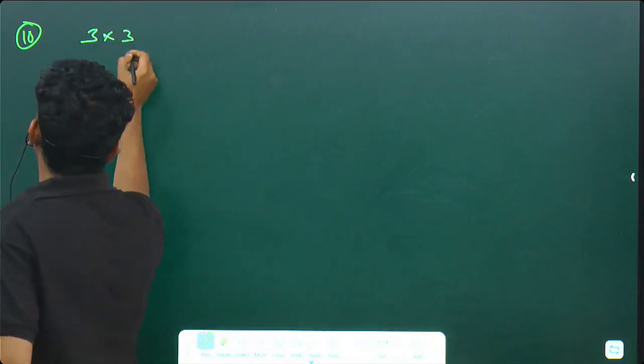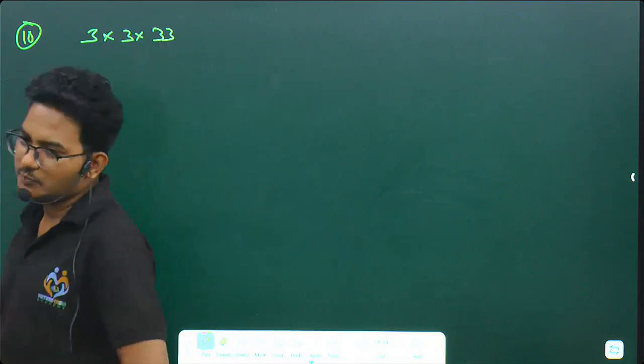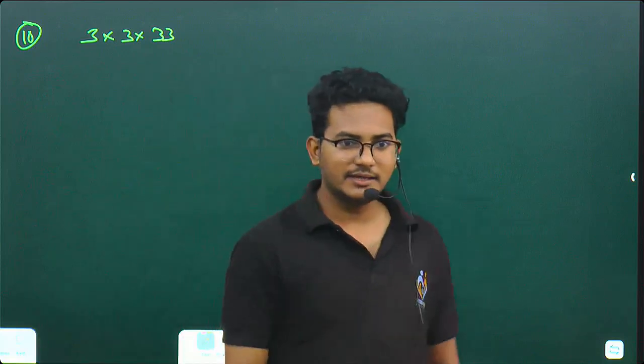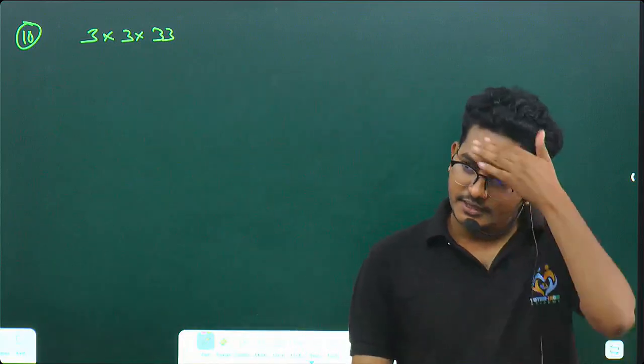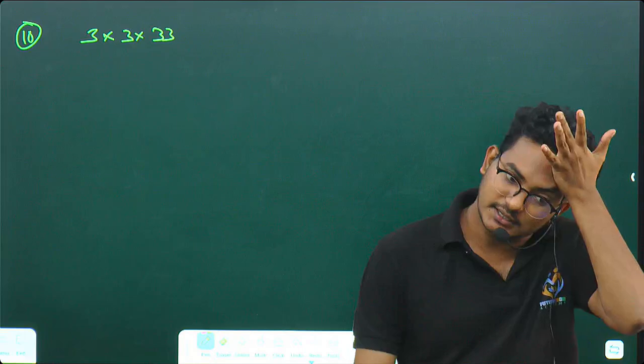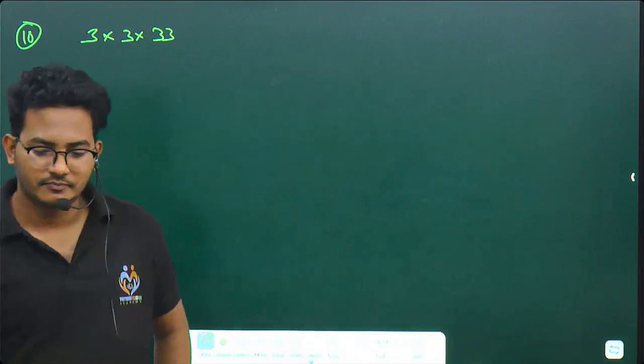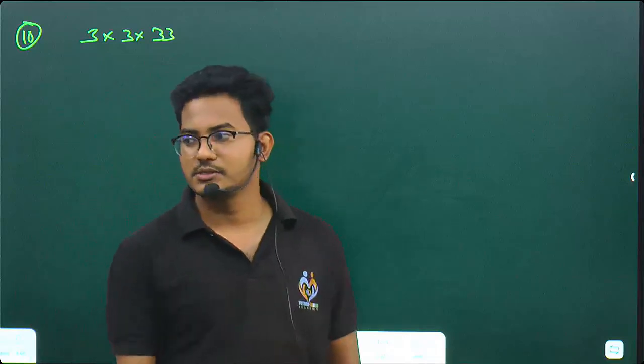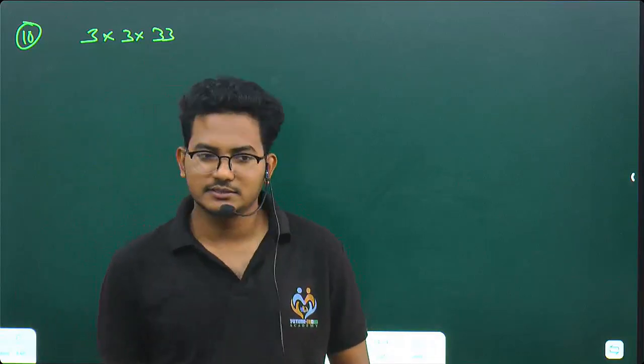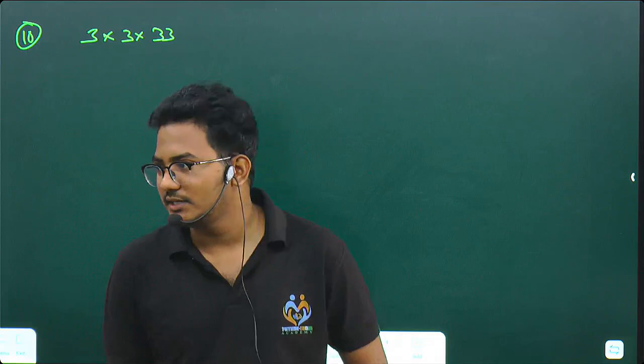10th one. A cuboid of 3 by 3 by 33 is cut into small cubes of length 3 centimeters.